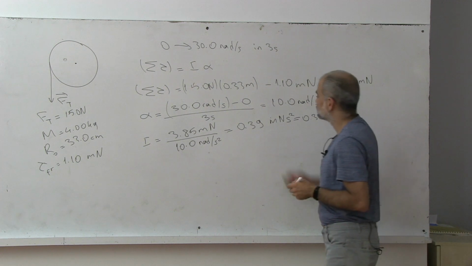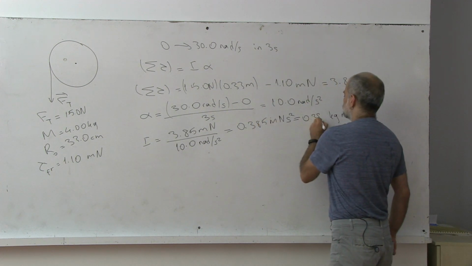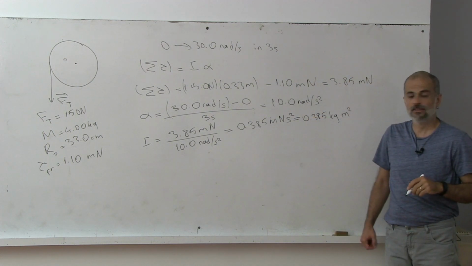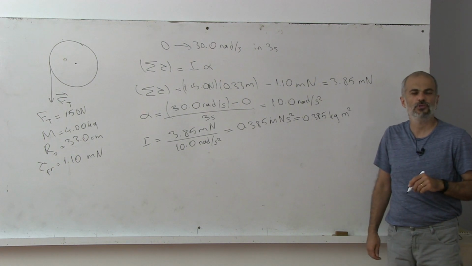Or if you want to keep all the digits, 0.385. Now, note that this is the measured moment of inertia.